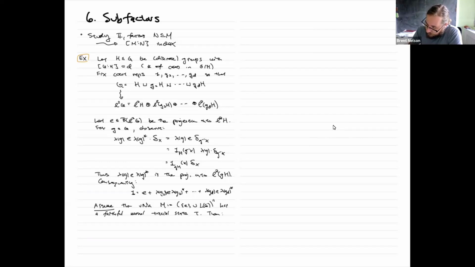Then from the above, if I apply tau to this equation, on the one hand, tau will send 1 to 1. On the other hand, for the right-hand side, I can split it over the sum. Using the fact that it's tracial, I can take this copy of lambda G2 and move it to the back, and then cancel it with this lambda G2 star.